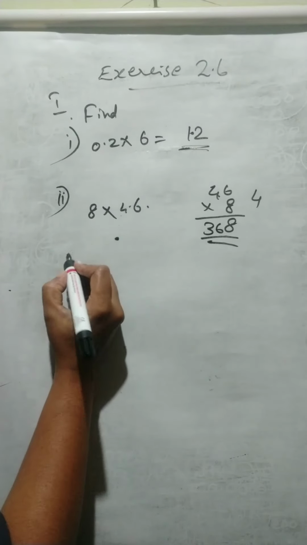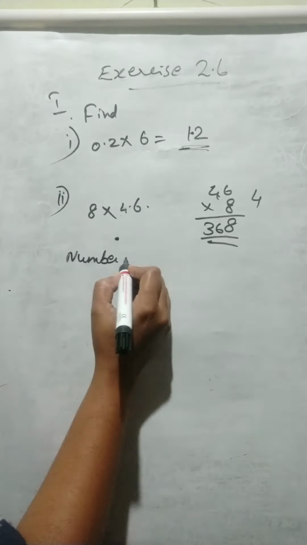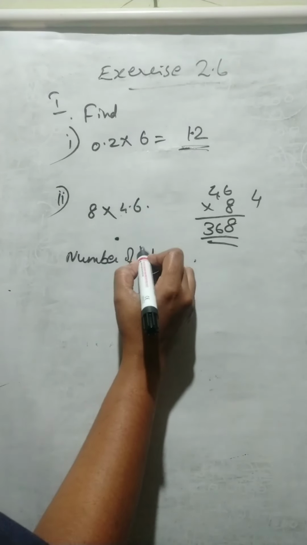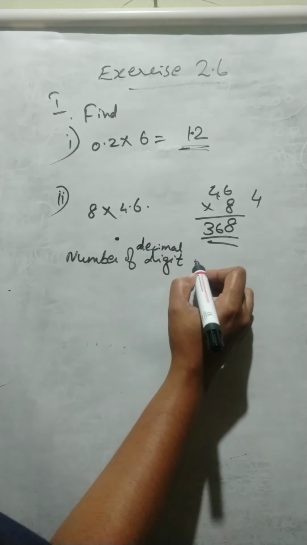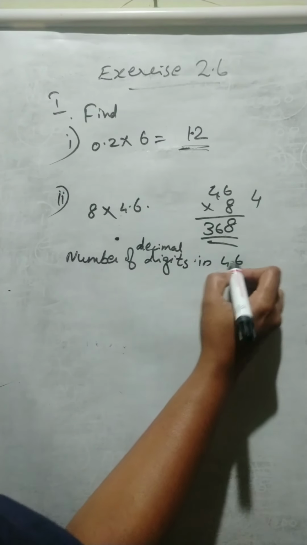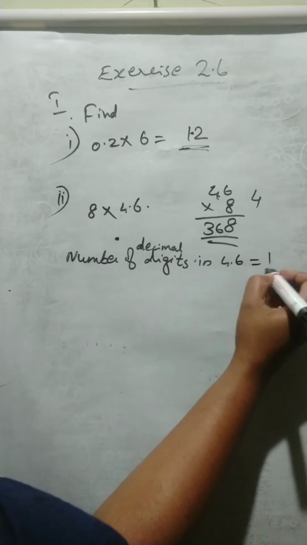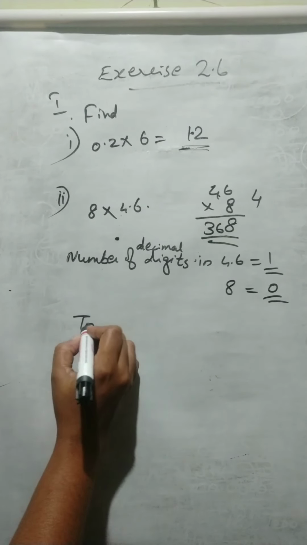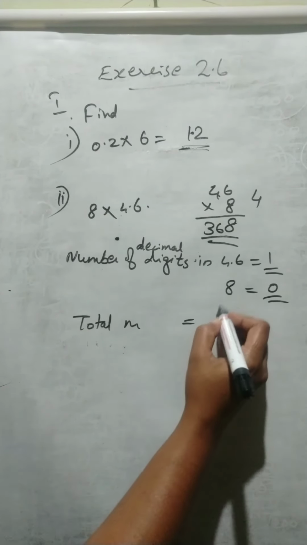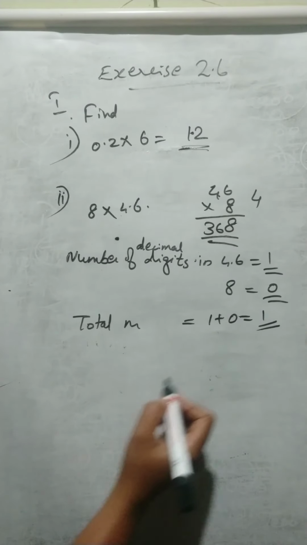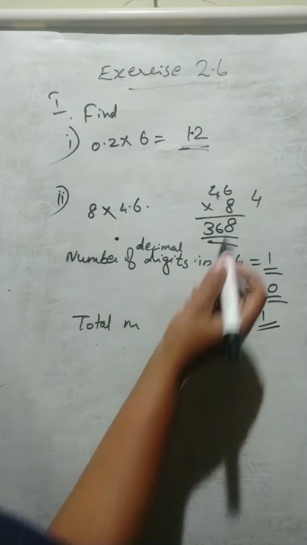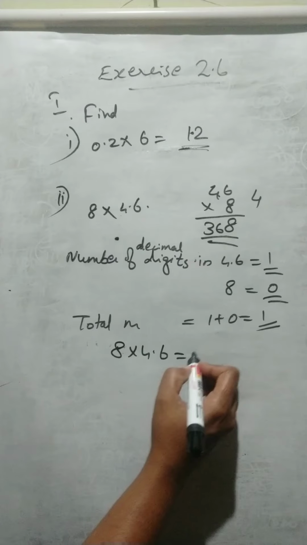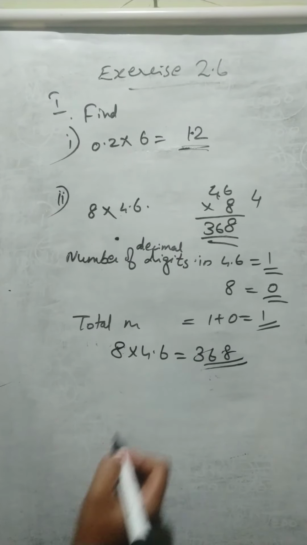So 368. Number of decimal digits in 4.6 is 1. Digits in 8 is 0. Total decimal digits is 1 plus 0, which is 1. So 8 times 4.6 is equal to 36.8. Clear?